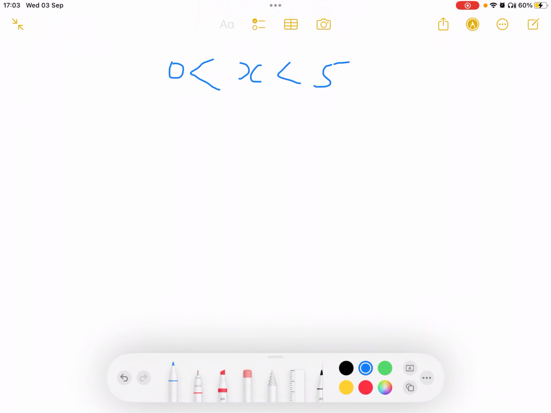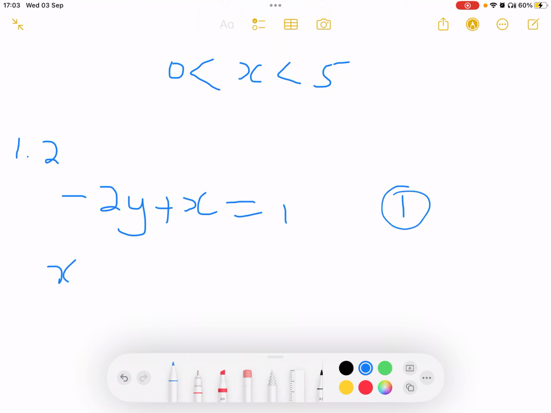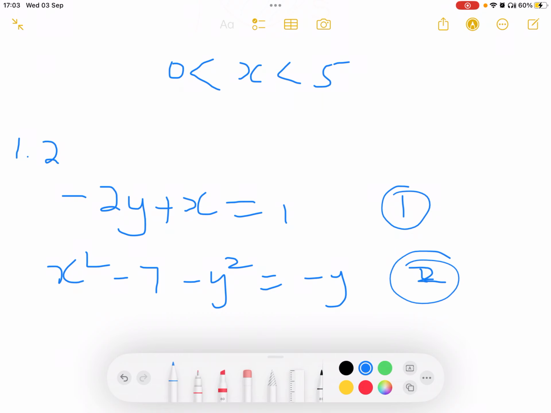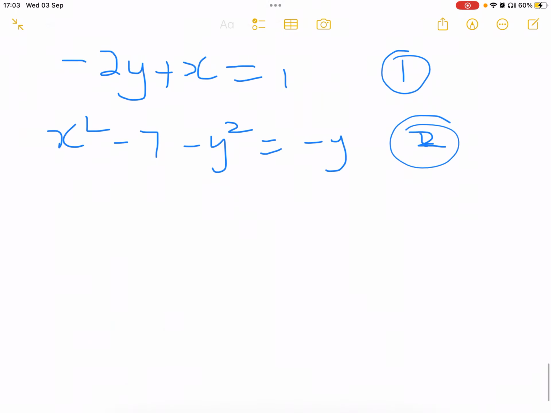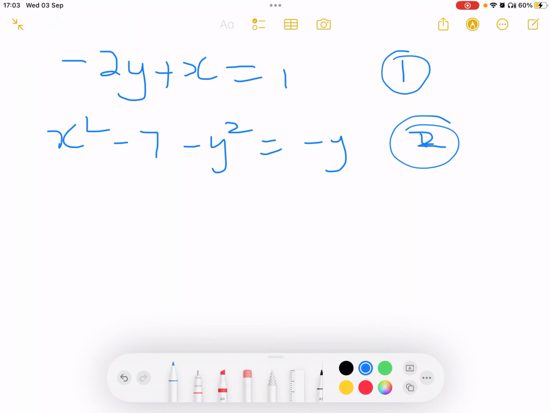So we'll start off with 1.2, being minus 2y plus x equals 1. We label it as equation 1. And then we have x squared minus 7 minus y squared equals negative y, which is our equation 2.